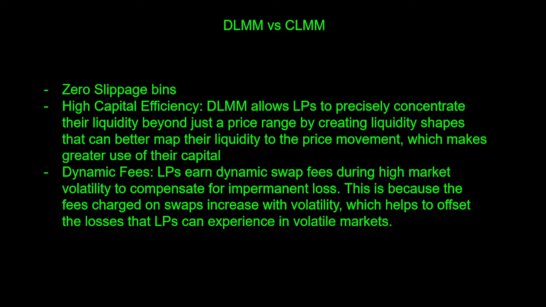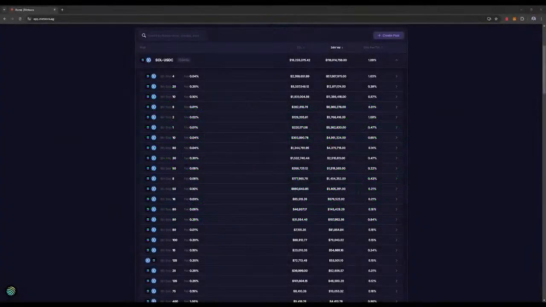And lastly, using these bin structures, we also have an environment where we can use dynamic fees. So basically what happens is, as we saw, all pools have a fixed fee that is being charged on each swap.